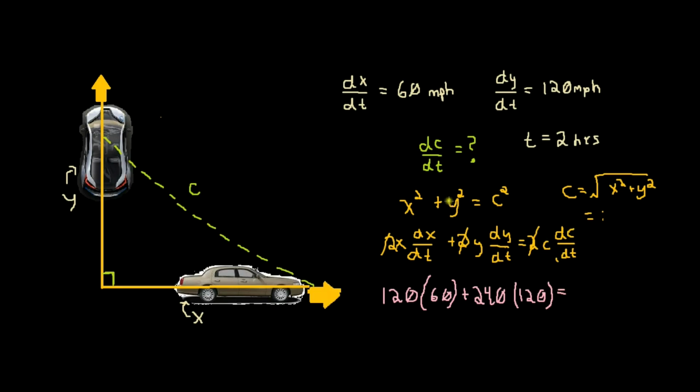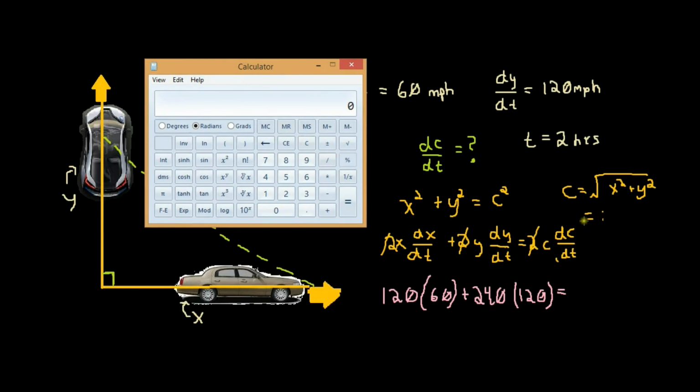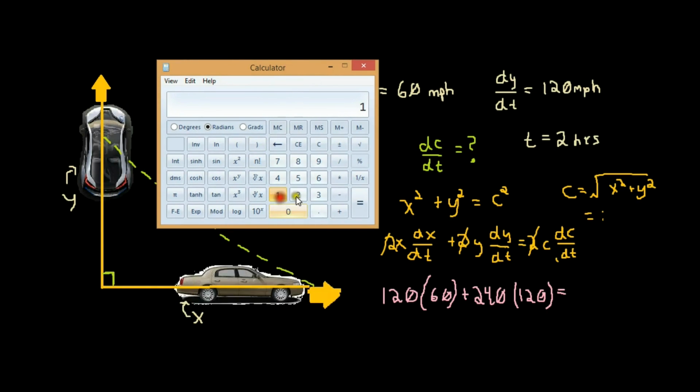Well, we know x squared plus y squared equals c squared, and we know x is equal to 120. We know y is equal to 240. So c is going to be equal to the square root of the sum of the squares of those two. A mouthful, I know. Okay, so x is 120, 120 squared plus, and y is 240, 240 squared, 72,000.